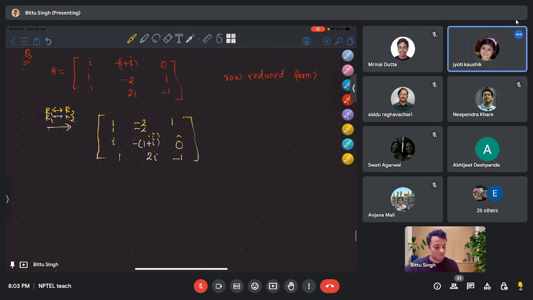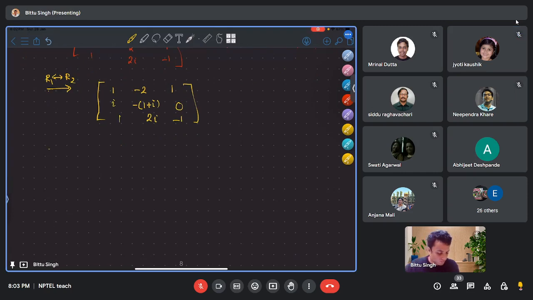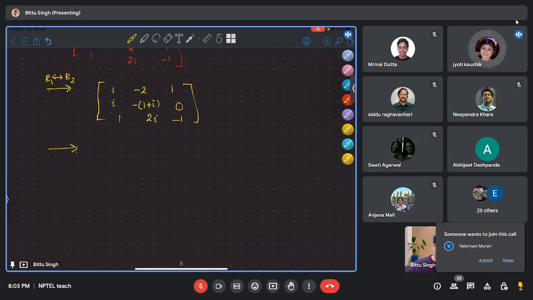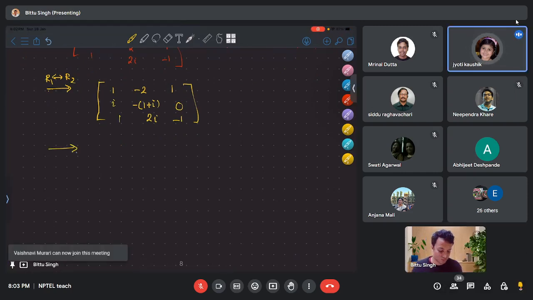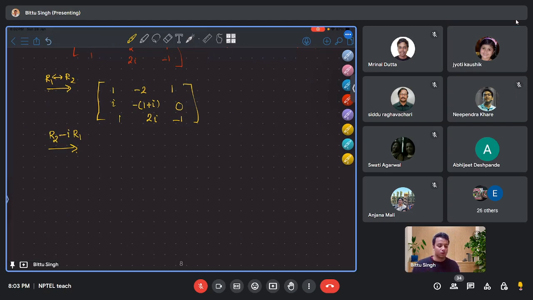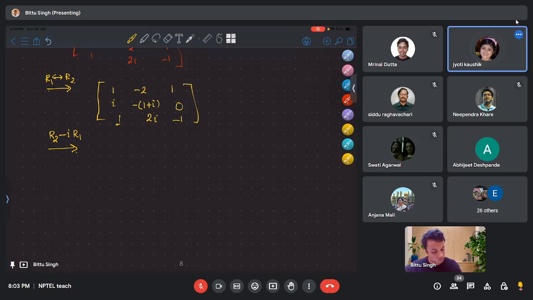Then what will be the next step? R2 changes to R2 minus i times R1, and the third row also contains 1, so R3 changes to R3 minus R1.